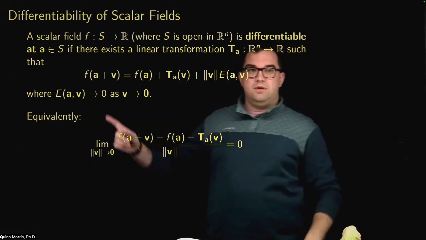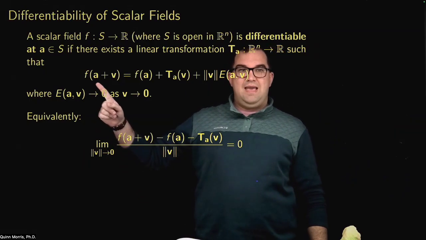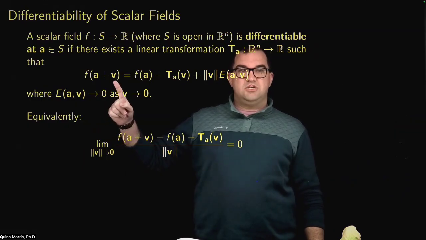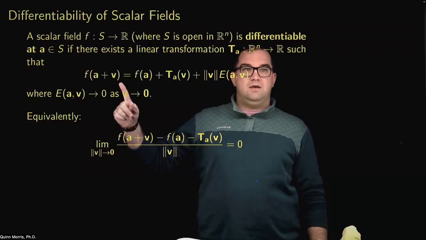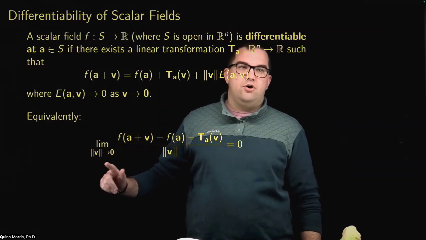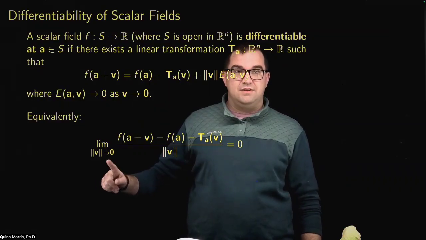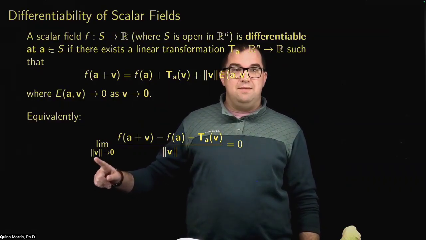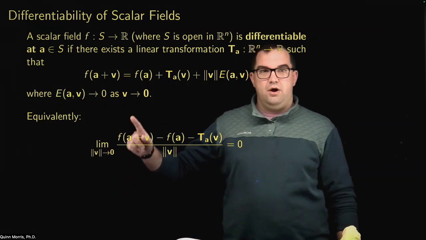What I want to be satisfied is f of A plus v, where v is just another vector in Rn with sufficiently small magnitude, because it only needs to hold for vectors of sufficiently small magnitude since I'm going to take a limit as the norm of v goes to 0.